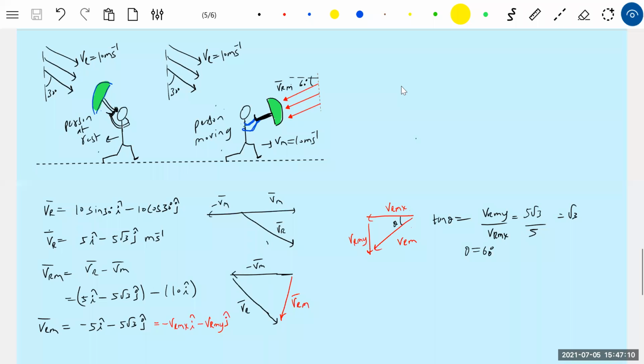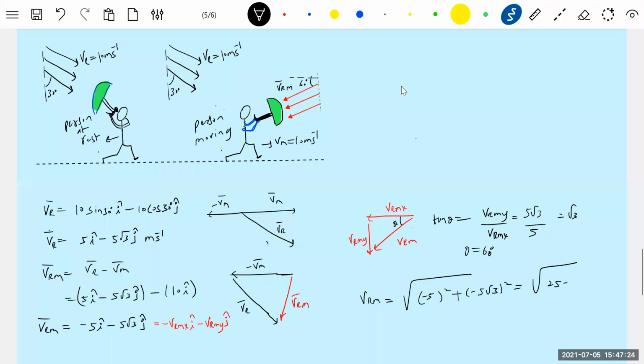The speed of the raindrops: take the vector of this and its magnitude. This will be minus 5 whole square, 25 plus 3 squared, I think 10 meters per second.